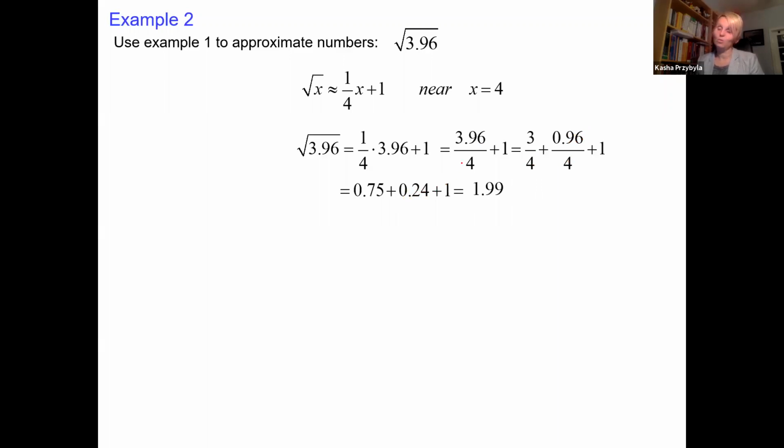Adding together gives 1.99. The real value is a little bit lower because the tangent is above. We overestimated, but with such close numbers.